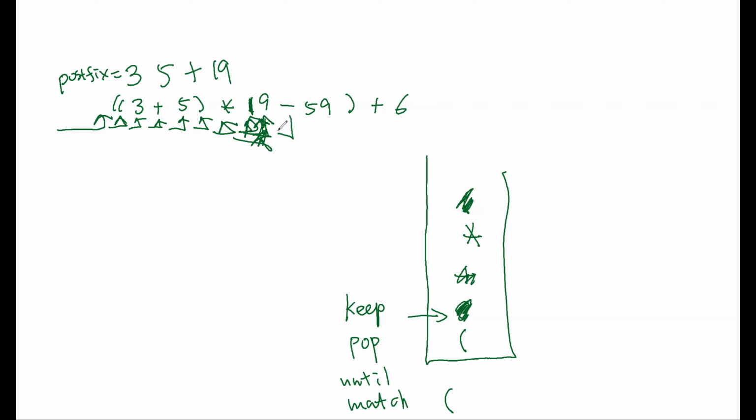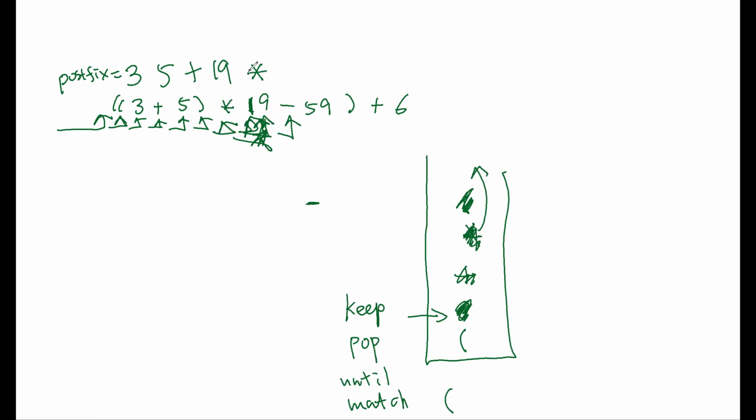And the next is the minus sign, an operator. You compare with the top of the stack. Does it have higher precedence? Minus doesn't, it has lower. So you need to pop this out from the top, append it to postfix, and then push the minus.